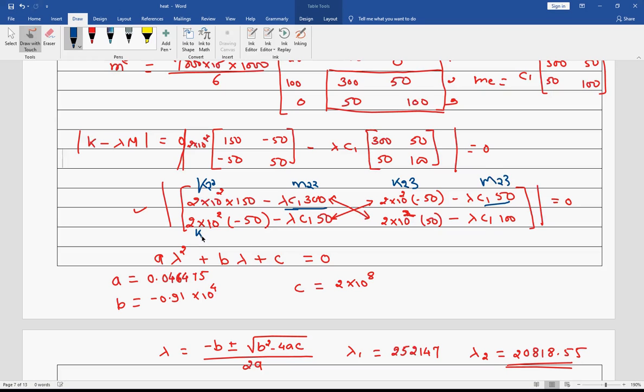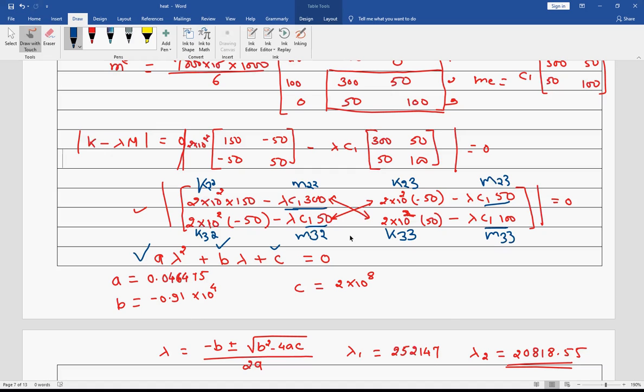This will be K32, and this will be M32. This will be K33, and this will be my M33. So from this I have to find out what A is, what B is, and what C is. This is what I have to find out.